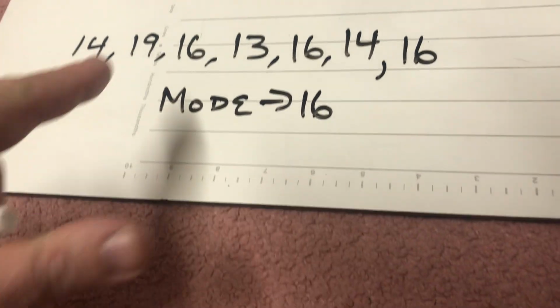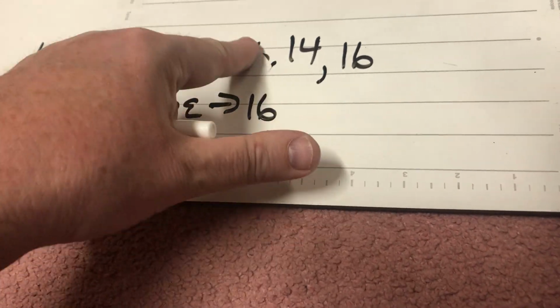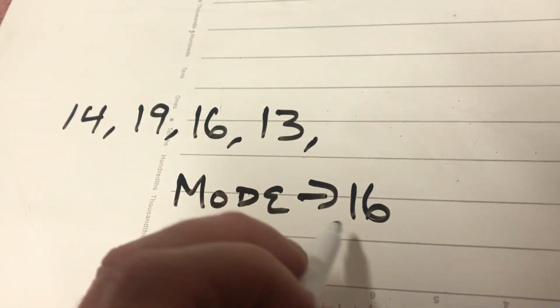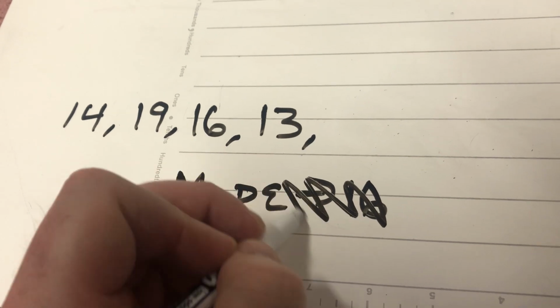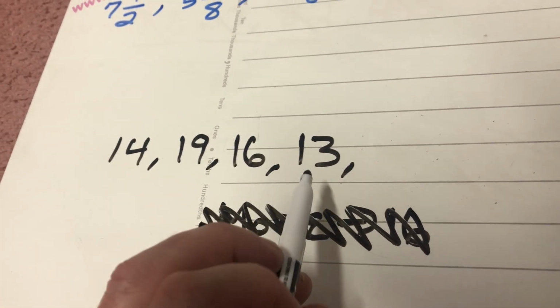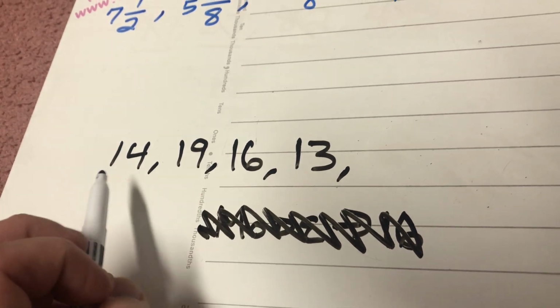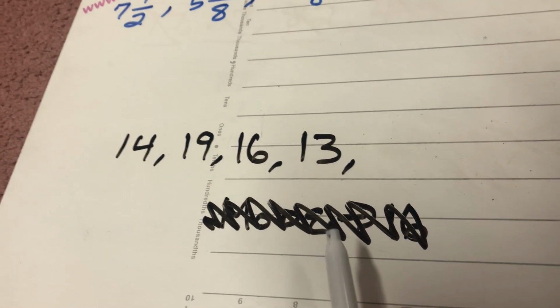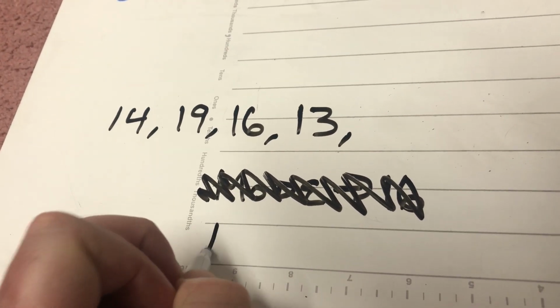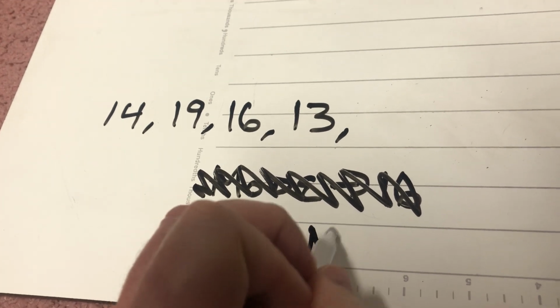Now, let's just say that all of a sudden, I get rid of all of those numbers right there. And I'm going to cross this off because that's no longer our mode. I'm focusing now on just these 4 numbers, 13, 16, 19, and 14. There is no number that occurs more often. They all just show up once, which means that there is no mode.